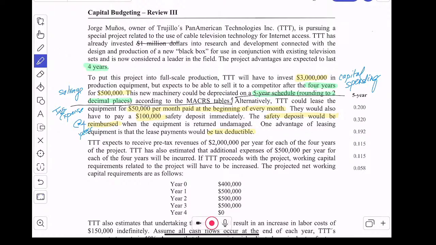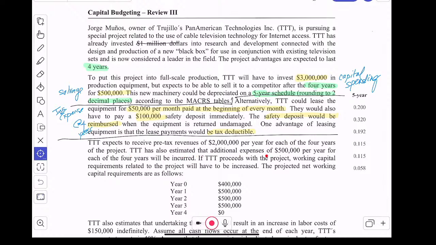All right. So it expects to receive pre-tax revenue of, okay, so now that those two investment options vary, but the rest is the same, I think. Let's see. For both. They expect to receive pre-tax revenue of $2 million per year for each of the 4 years of the project.